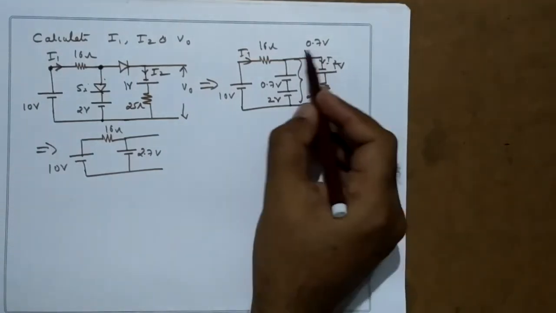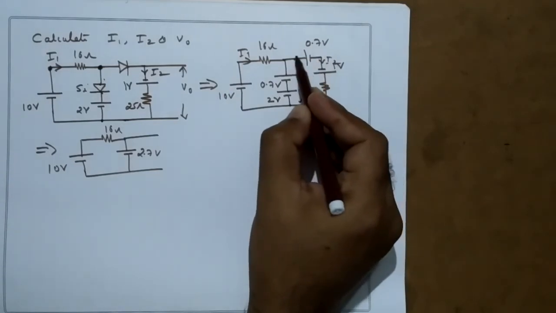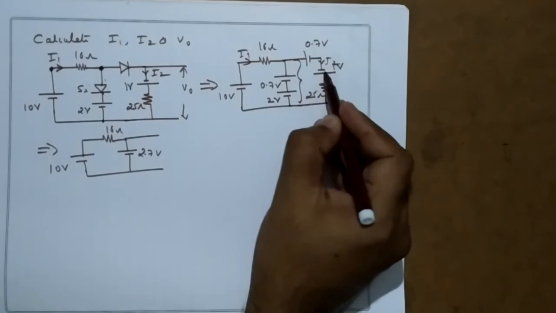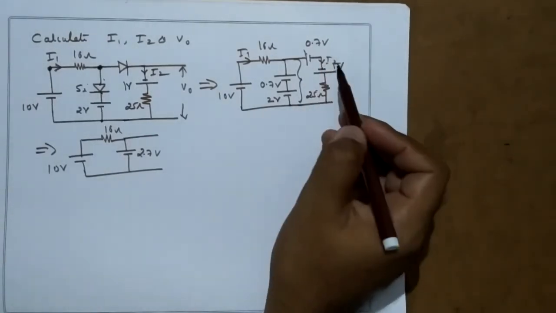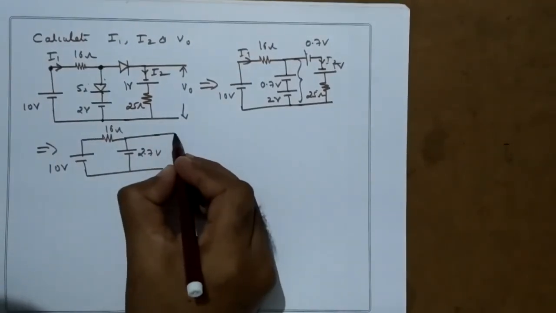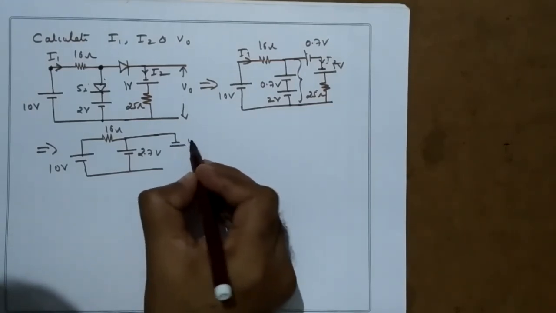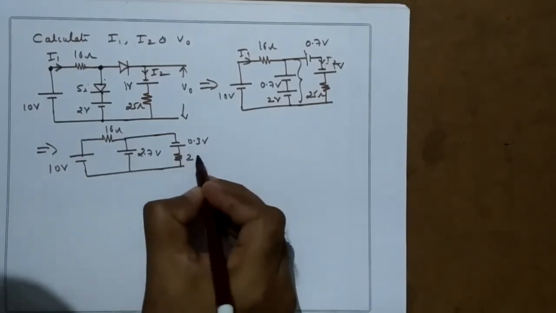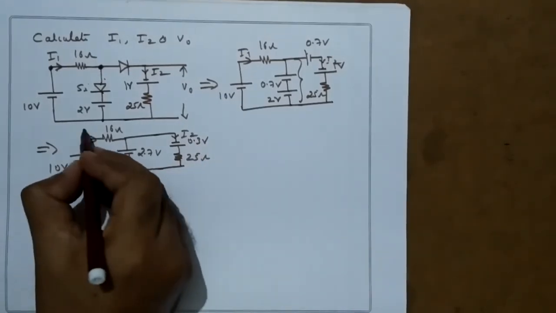And we can simplify the circuit because the current flowing through this resistor and current flowing in this arm is same. Therefore, we can simplify this. Now here it will be 1 minus 0.7 because this is negative and this is negative. So they will get subtracted and the voltage will be 0.3 volt with 25 ohm, and this is I2, this is I1.